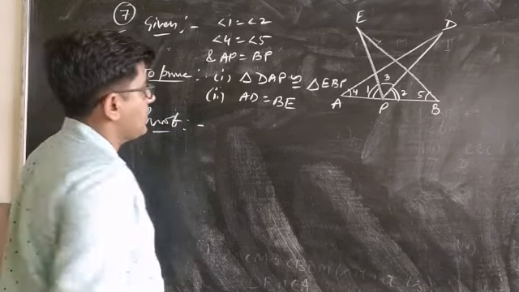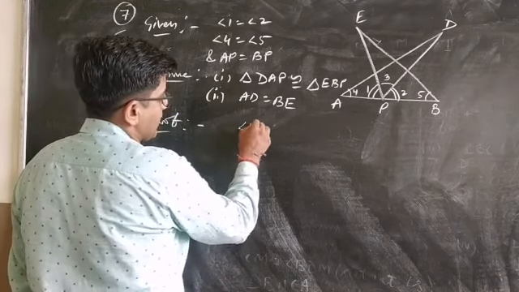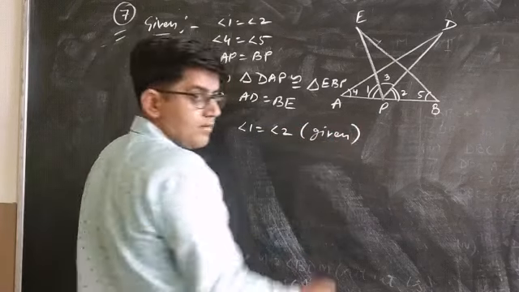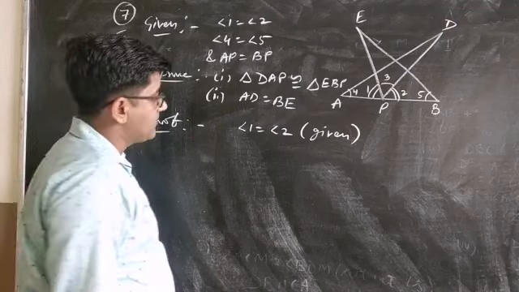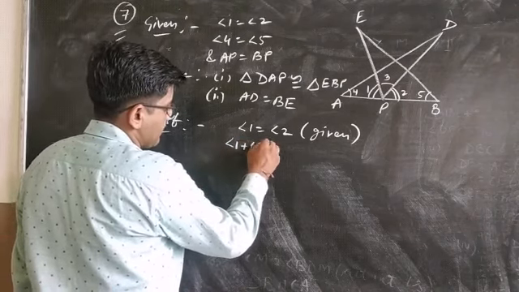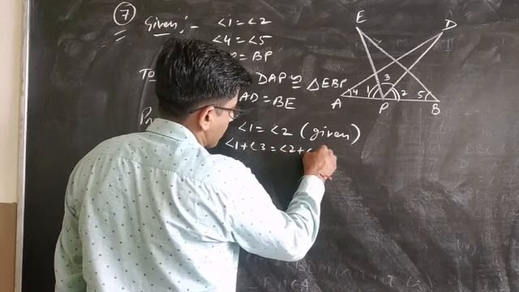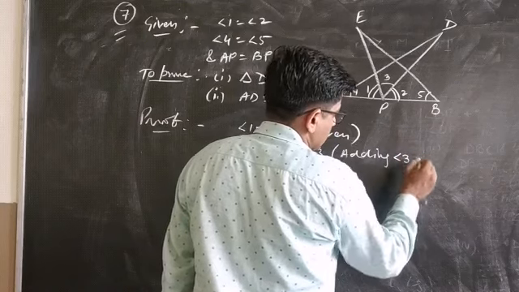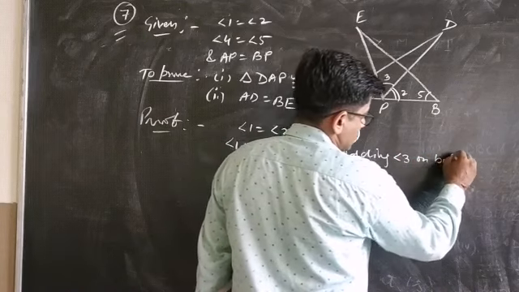For the first part, first of all write angle 1 is equal to 2. It is given to us. We will add angle 3 to both the sides. I will write here adding angle 3 on both sides.